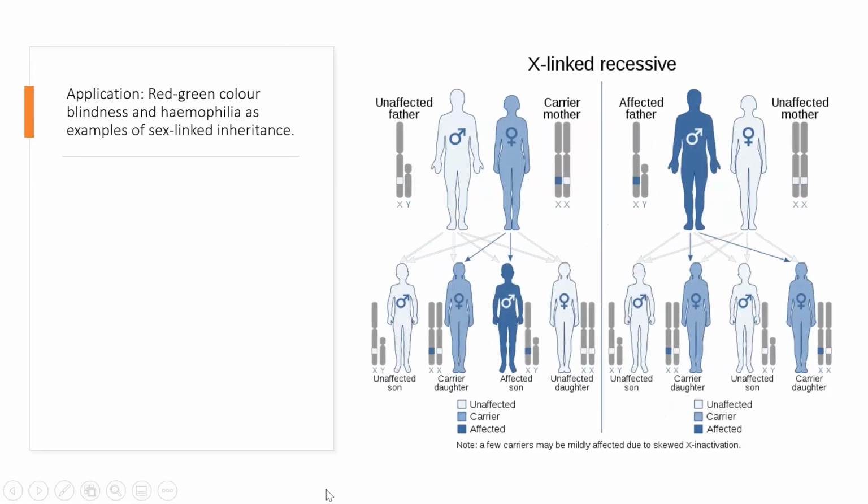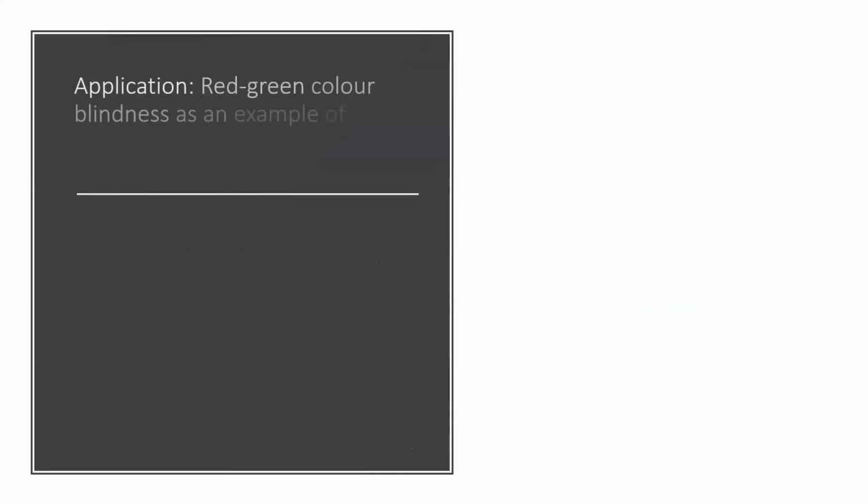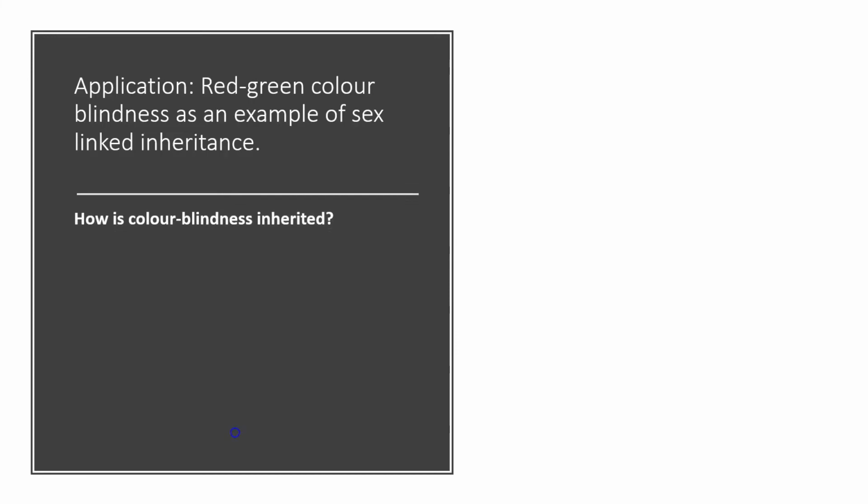All right, now we are looking at colour blindness and haemophilia as examples of sex-linked inheritance. These are both X-linked. They are both recessive. Let's look further at colour blindness. Colour blindness is inherited. X and Y chromosomes are non-homologous.